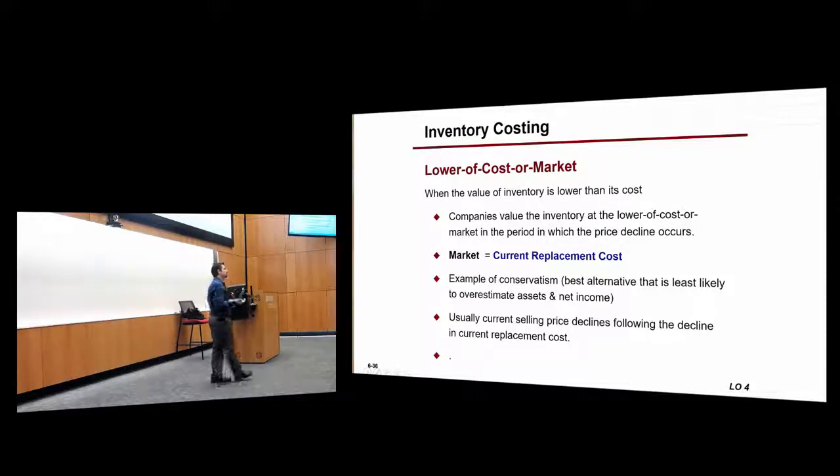That will be cheaper. As a result, the company is not supposed to keep saying that they still have the same value of inventory, although it cost them certain amounts to buy it.